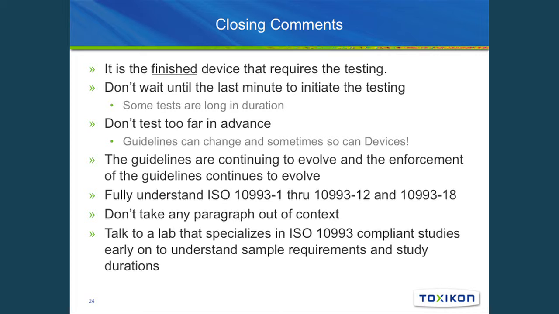Fully understand the ISO 10993. It's great bedside reading. Look at parts 1 through 12. And I know I didn't talk about any of the chemical characterization, but I promise you, if you also read Part 18, you're going to find some additional value there. So Parts 1 through 12 and Part 18, start there, and understand that before you dive into biocompatibility testing.